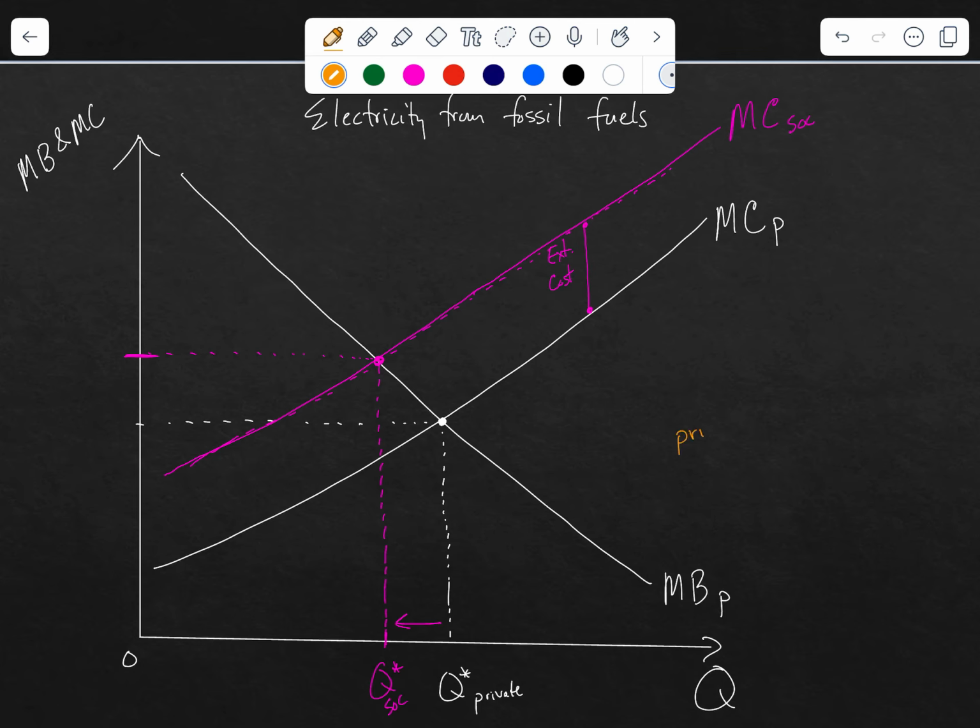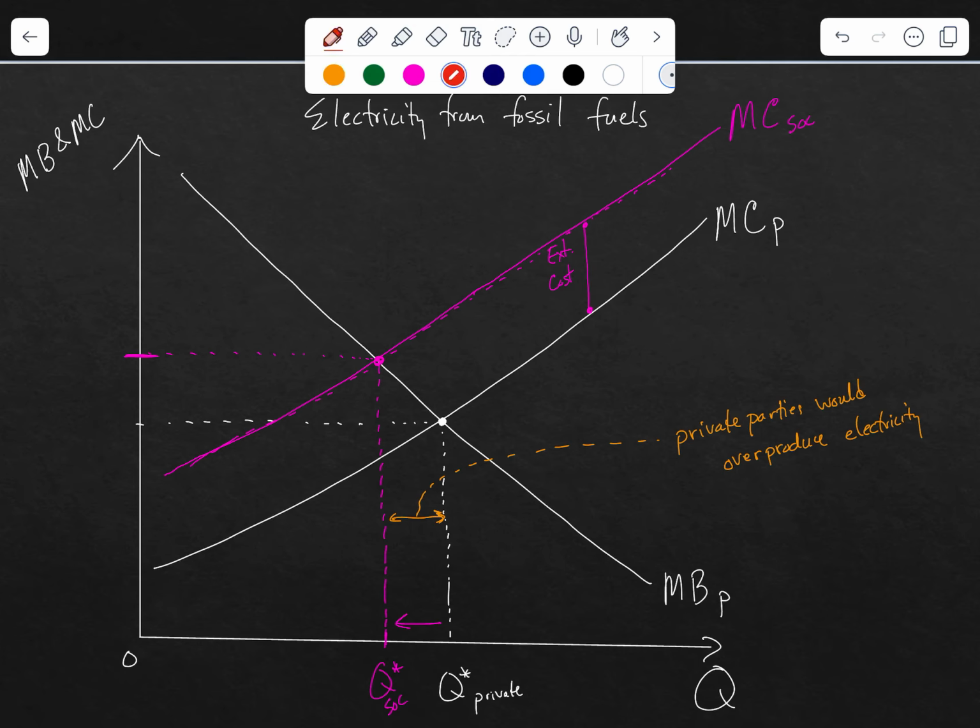The private parties overproduce and overconsume, right? And the extent of the overproduction is this difference between Q star private and Q star social.